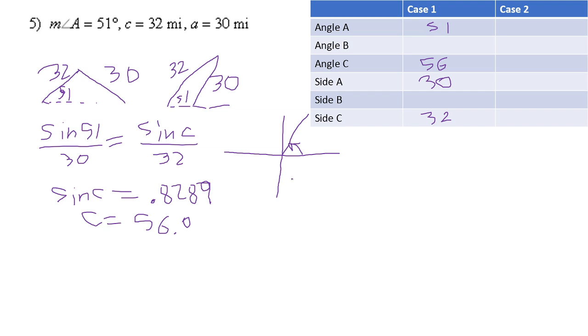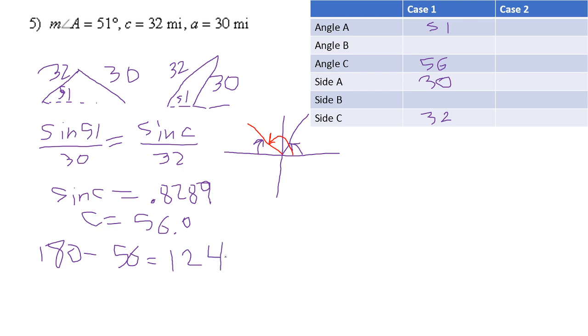But we also know there's another possible angle where sine of C equals 0.82. That's going all the way to the other side. So we have to find out what that other possible angle is, and we do 180 minus the 56. When you do that, you get that the other possible angle is 124.